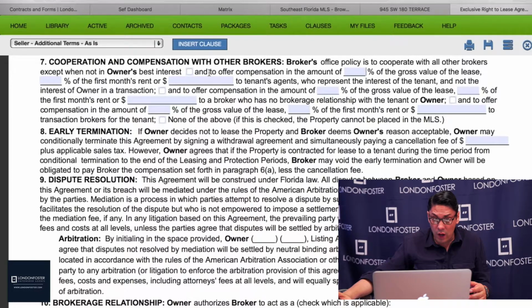So the most common one is always going to be to write out that we are compensating 50% of the first month's rent. So you would click on all three and write on the second one, not on the gross, but on the 50% of the first month's rent.